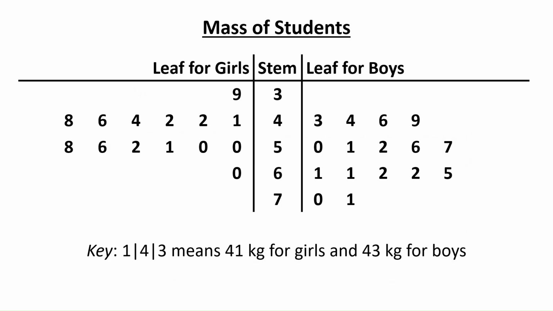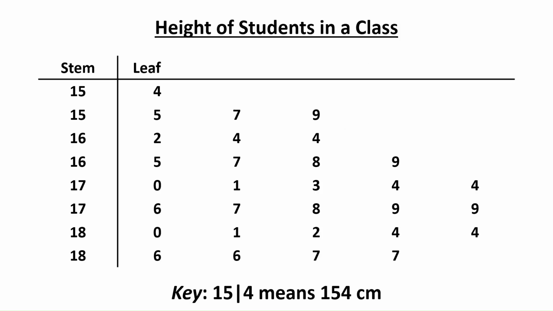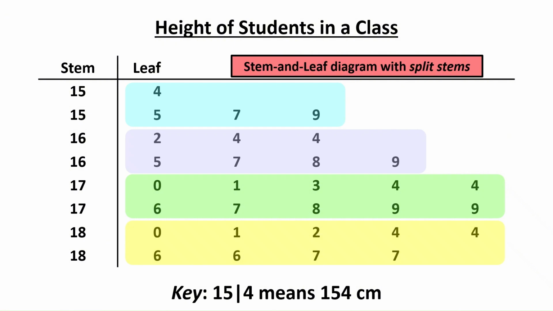When we want to compare two datasets in the same diagram, we can represent the datasets using a back-to-back stem and leaf diagram. When there are a few stems and too many leaves in one stem, we can represent the dataset using a stem and leaf diagram with split stems. Like all other statistical diagrams, there are advantages and disadvantages when using stem and leaf diagrams to present data.